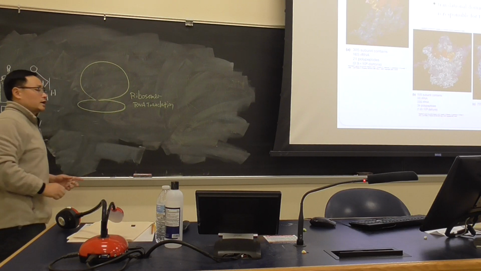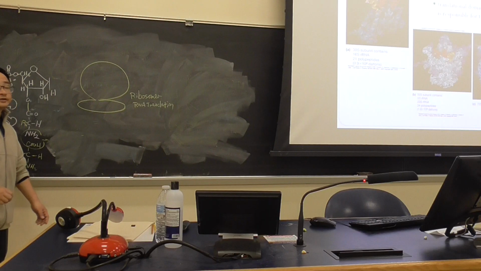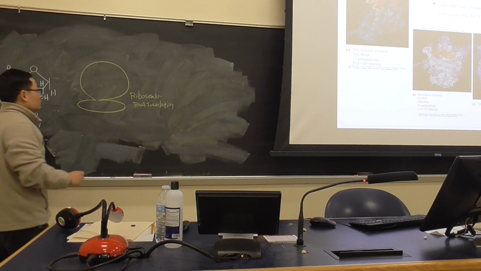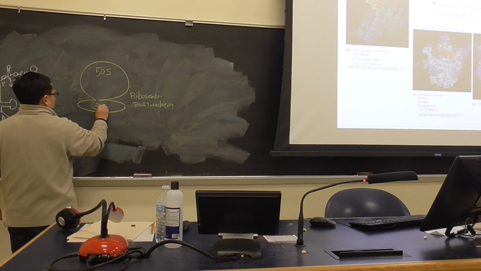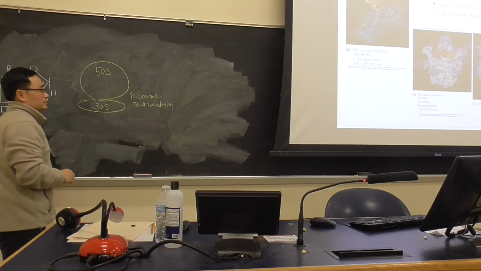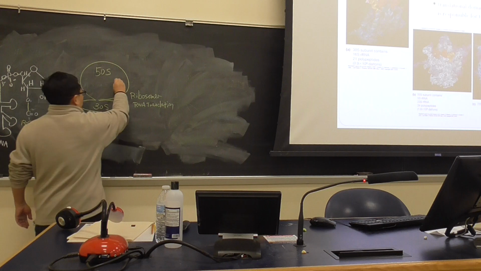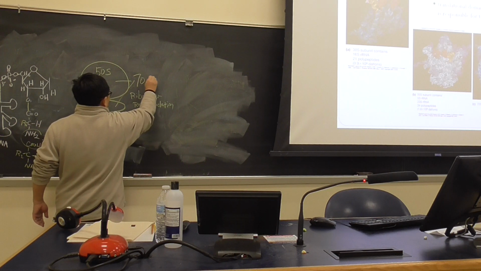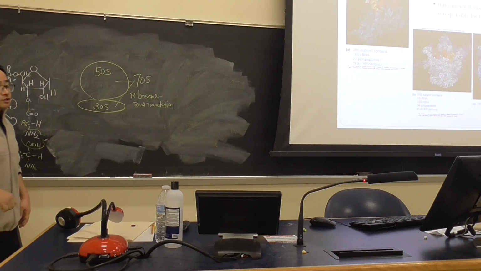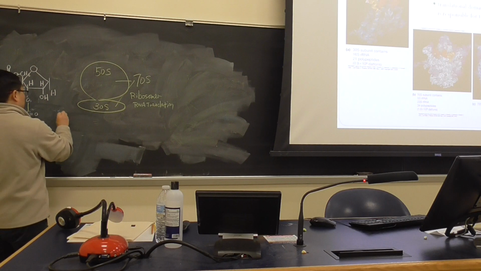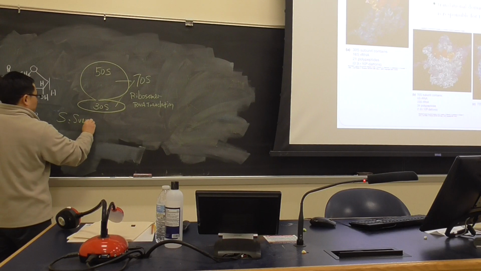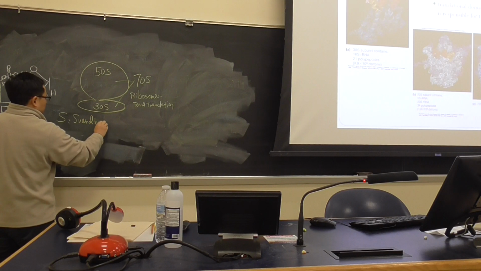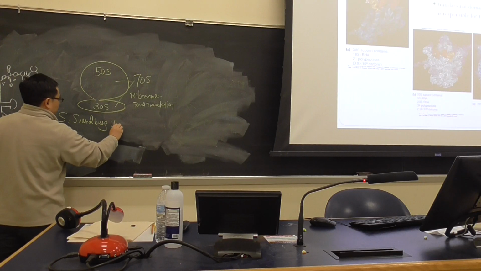And they have 2 subunits for bacteria. The big one, we call it the 50S subunit. The bottom one is the 30S subunit, but when you add them together, it's 70S. It's not 80S. Why? What does S mean? The Svedberg unit.